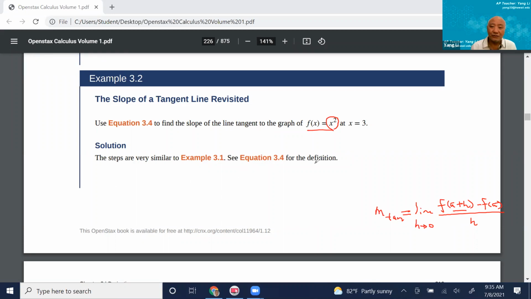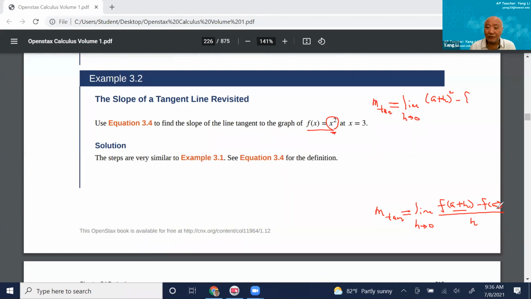So the slope of the tangent line will equal, still putting the limit there, don't forget that, h approaches 0, of x squared where x equals a plus h. That means you're going to have (a plus h) squared minus f(a).